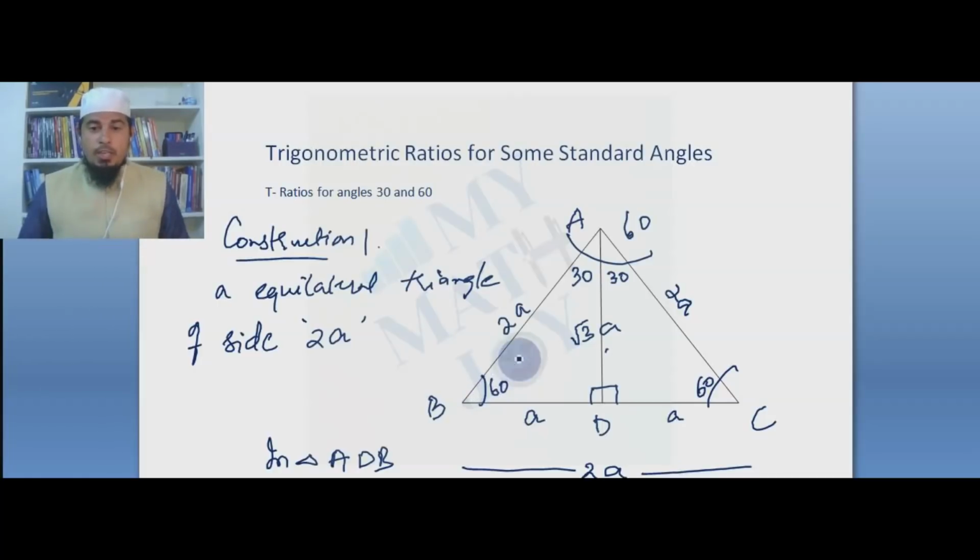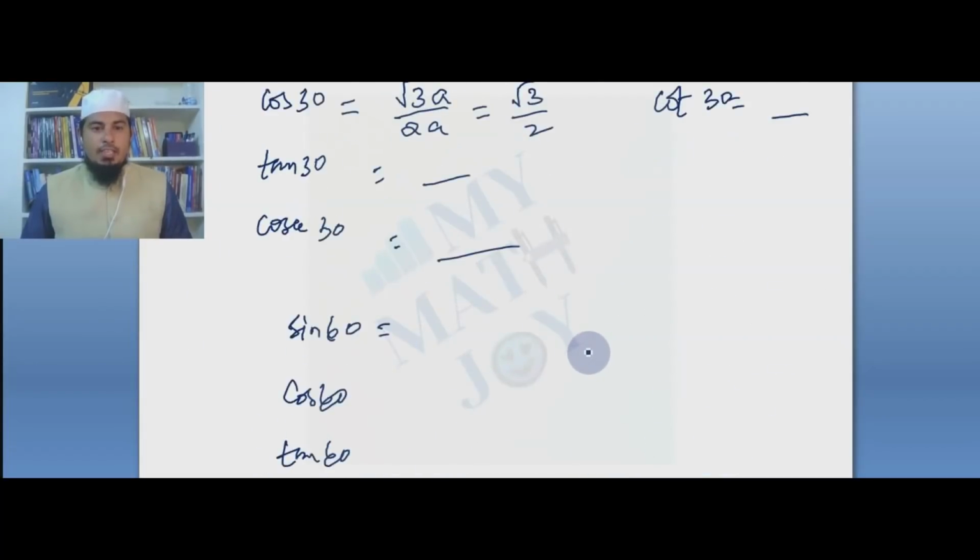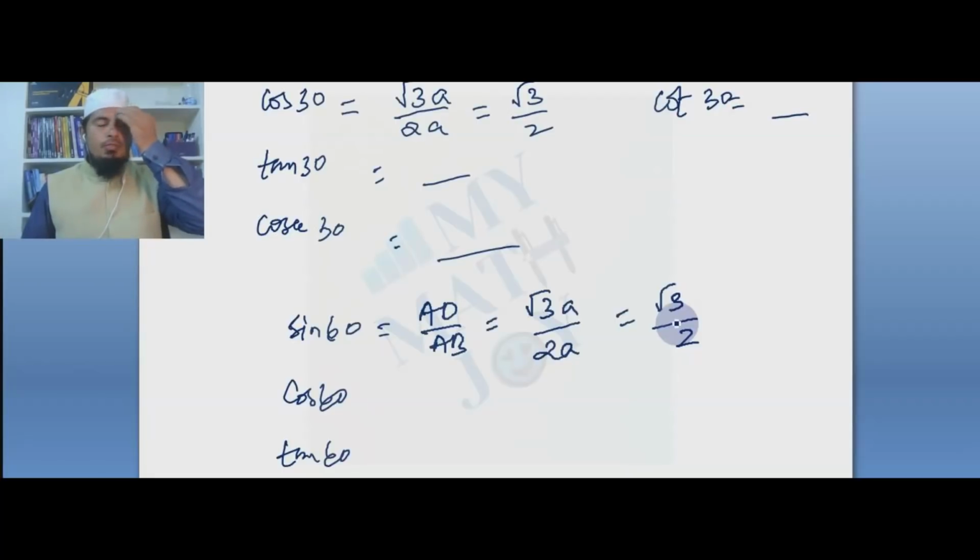This is my 60, this is your opposite, and this is your hypotenuse. So AD by AB. AD is root 3a, AB is 2a, a cancels, root 3 by 2. Wow, in this way you get sine 60 as root 3 by 2.